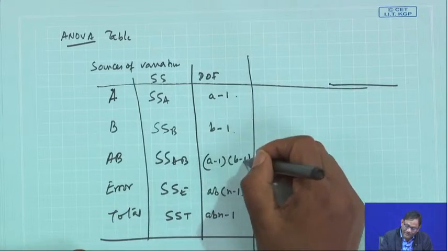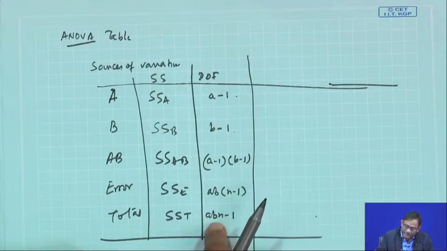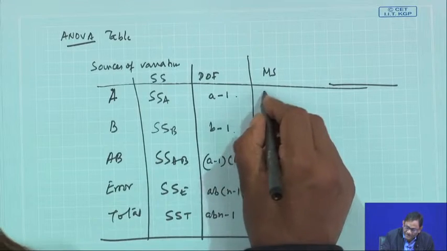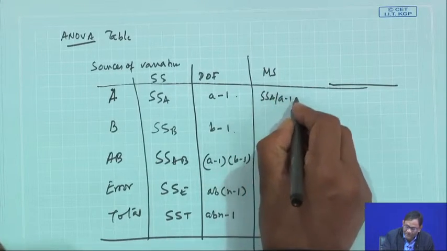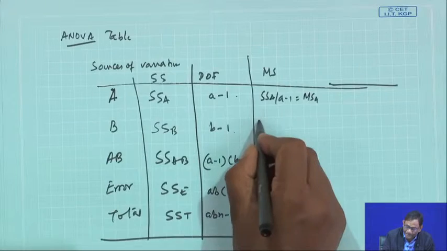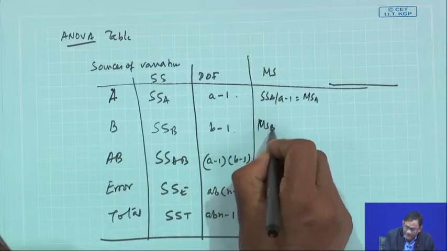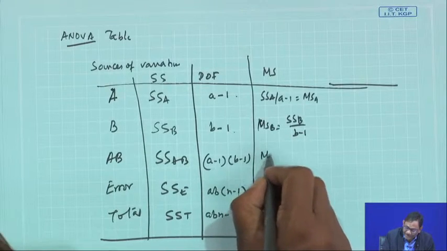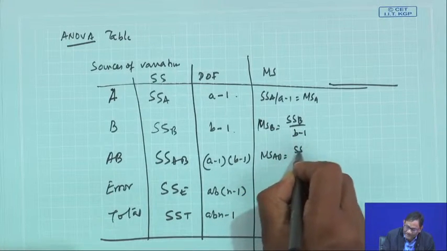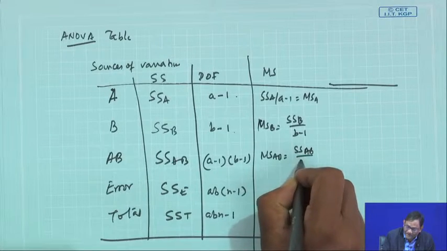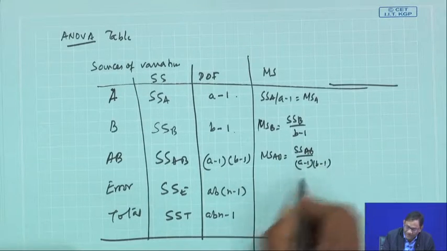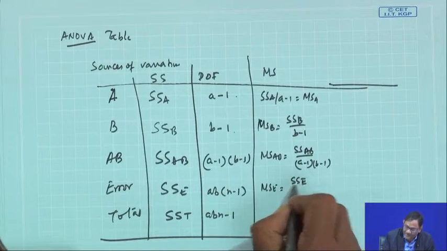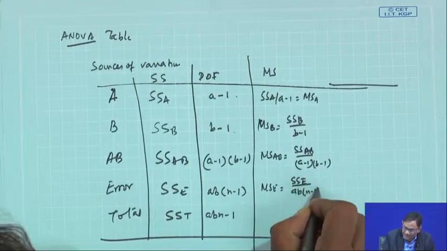Then you calculate MS: SSA by a minus 1 is MSA, MSB will be SSB by b minus 1, MSAB will be SSAB by a minus 1 into b minus 1, and MSE will be SSE by ab into n minus 1.